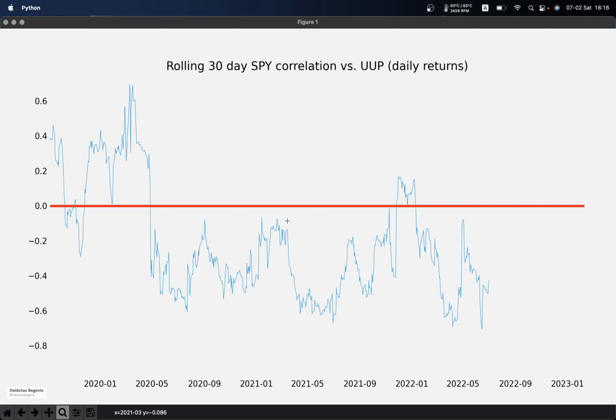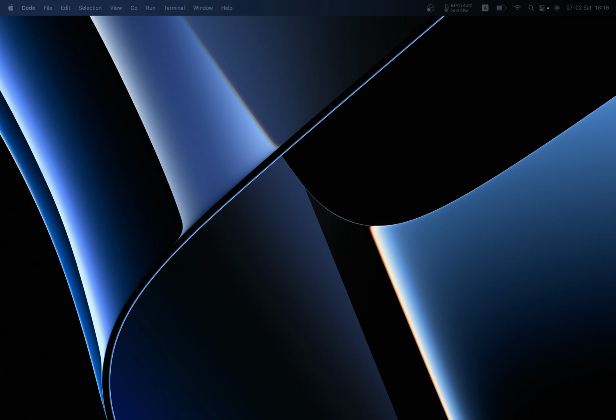But the purpose of showing you this is to tell you that in this regime, seeing negative dollar-stock correlations is nothing special, and actually it's what you want to see and what you can expect.